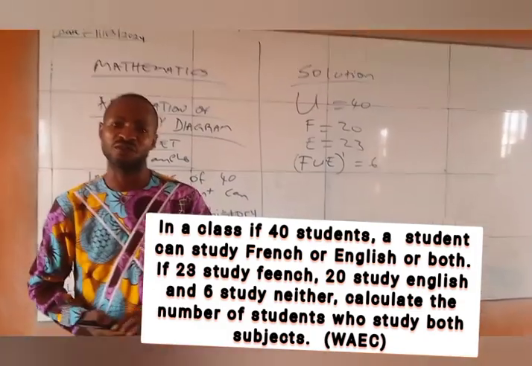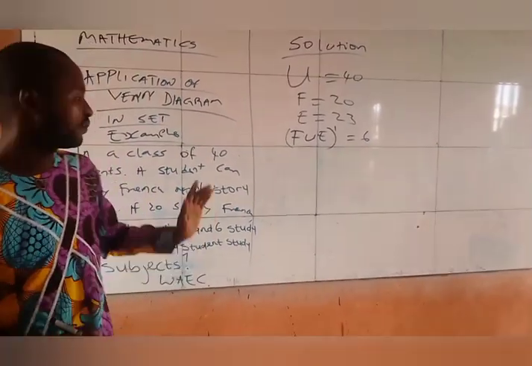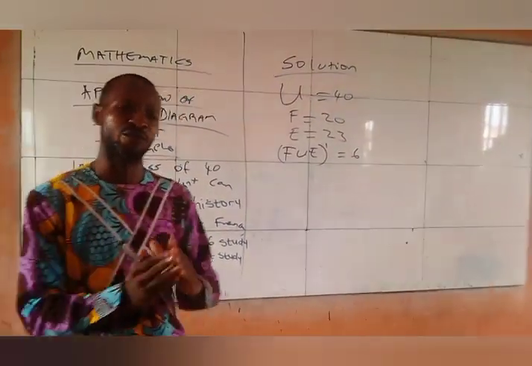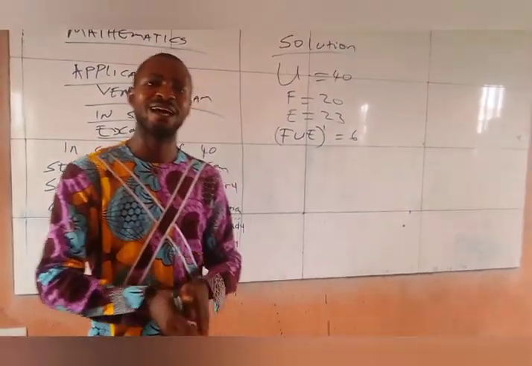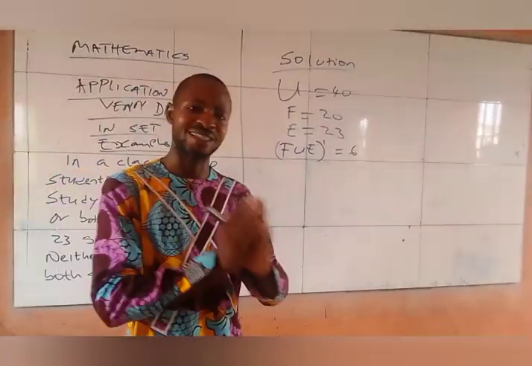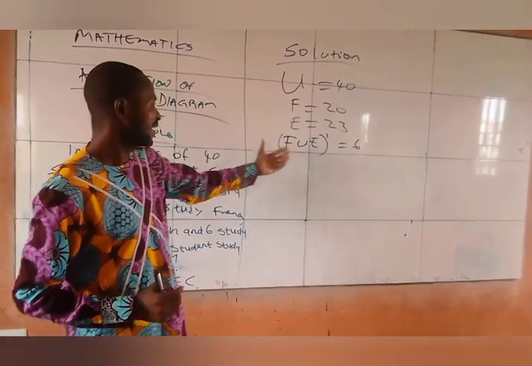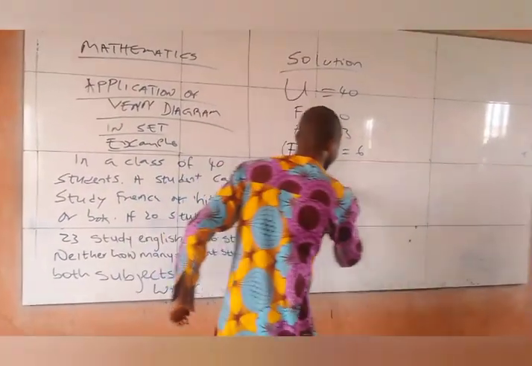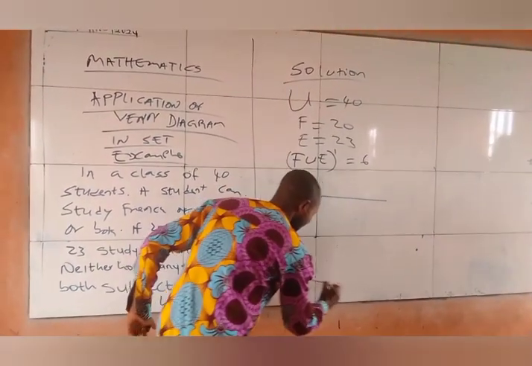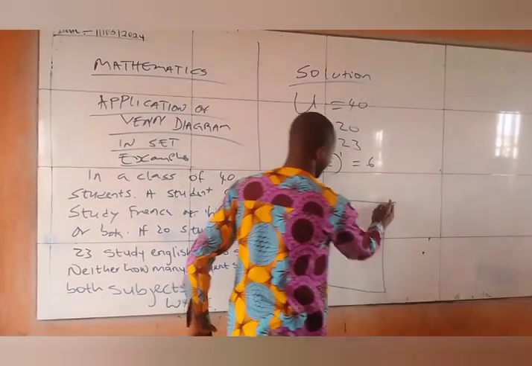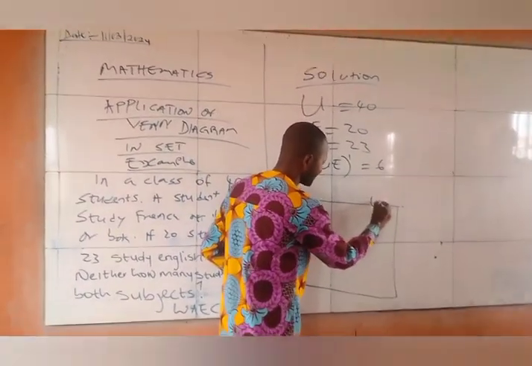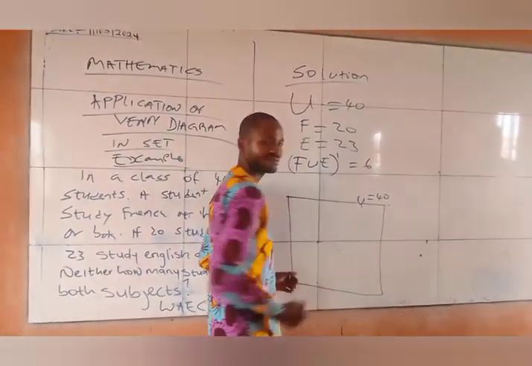So in this case, we are going to be using the Venn diagram to represent this information. The Venn diagram is just a diagram made up of a rectangle or square and circles. The rectangle represents the universal set and the circle represents the subset. So let's assume we have this rectangle here to represent the universal set, and the total number of students in this class is 40.